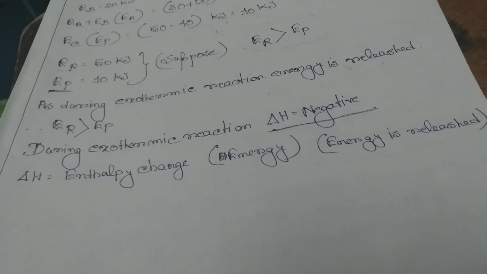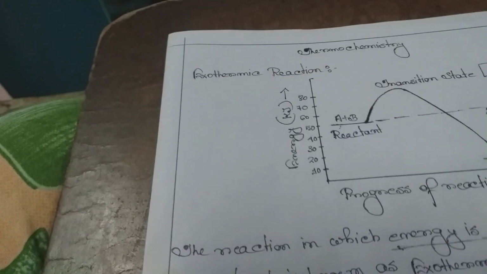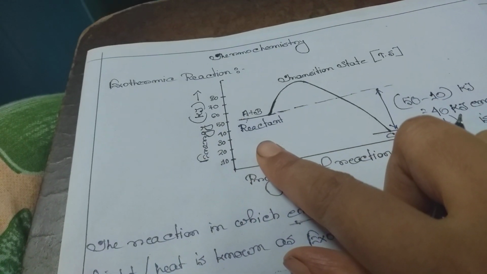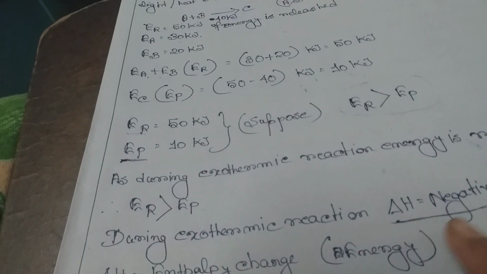As energy is released during exothermic reaction, the product's energy decreases and reactant energy is higher than that of the product. Therefore, delta H during exothermic reaction is negative.